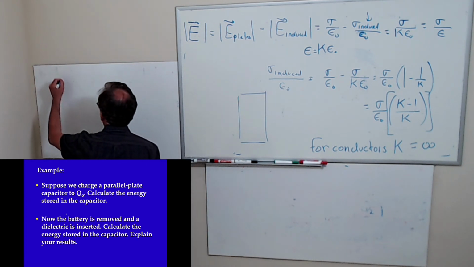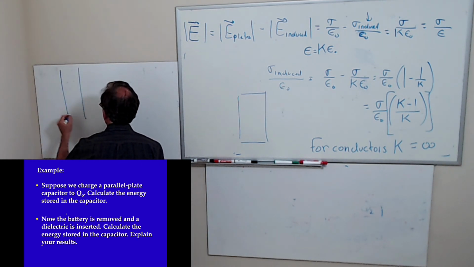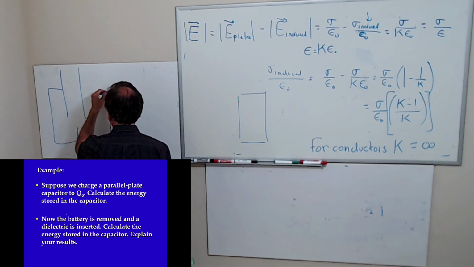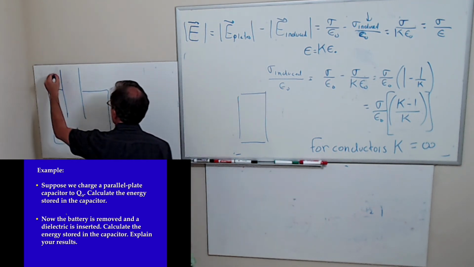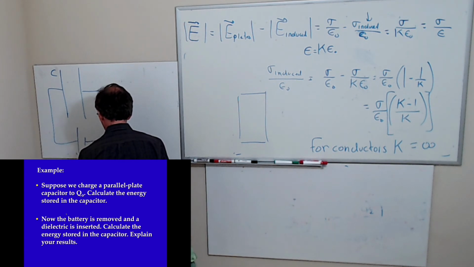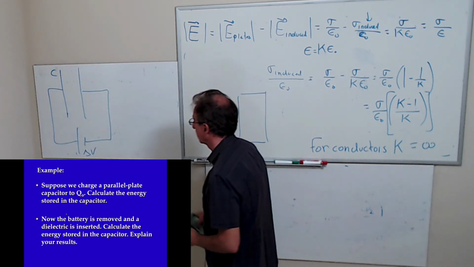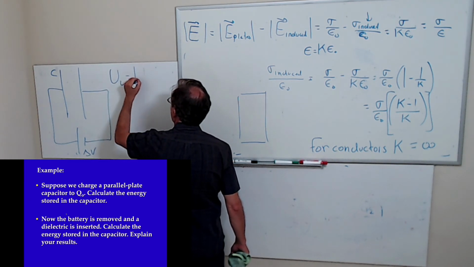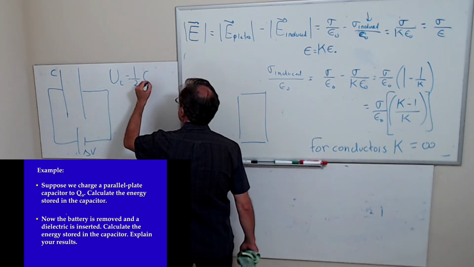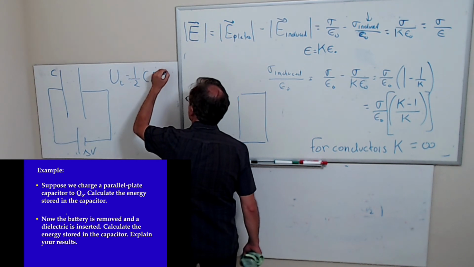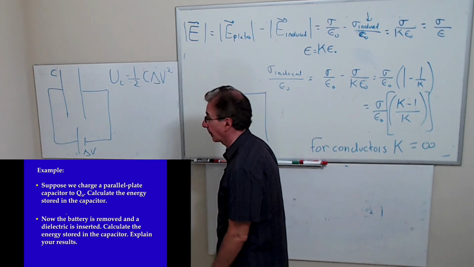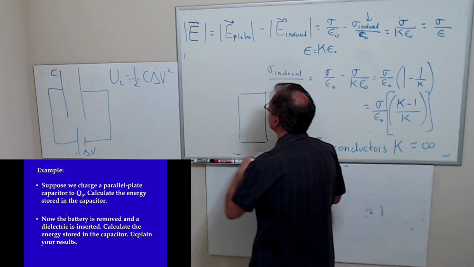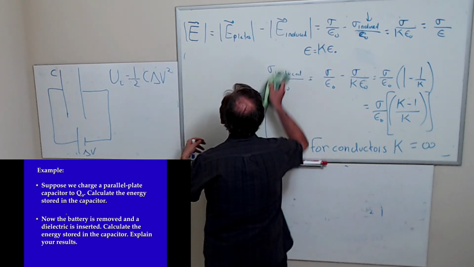Okay, so here's a parallel plate capacitor. And I hook it up to a battery. U initial is going to be 1/2 C delta V squared. I'll write it that way. Then I insert a dielectric. So then I actually remove the battery from the circuit.